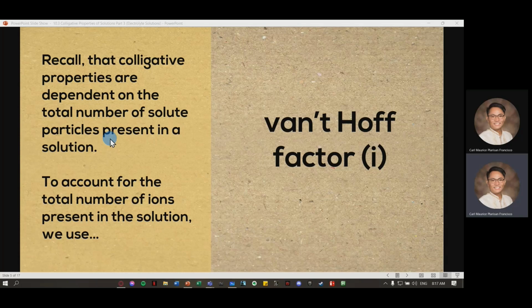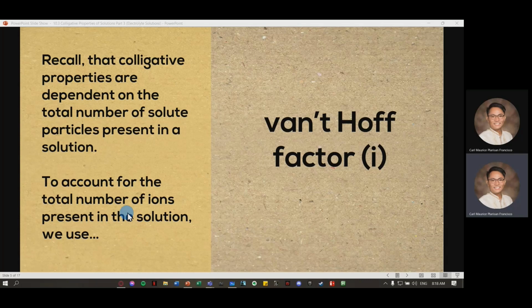E kaso, sa usaping colligative property ng electrolyte, muling alalahanin ng electrolyte kapag ginawang solution, nagiging ions. So paano natin mabibilang? How do we account for the number of ions plus number of solute?